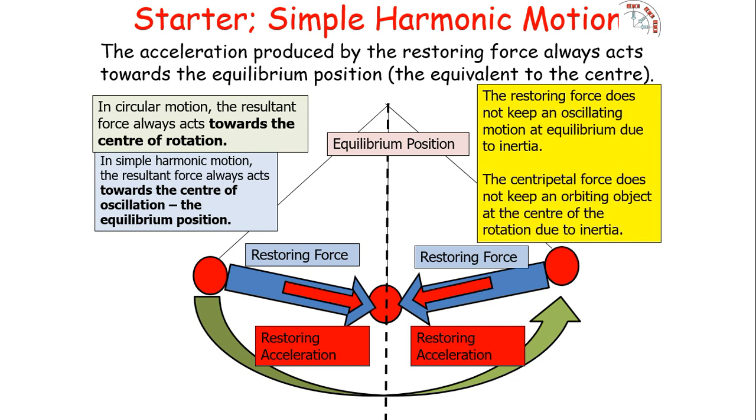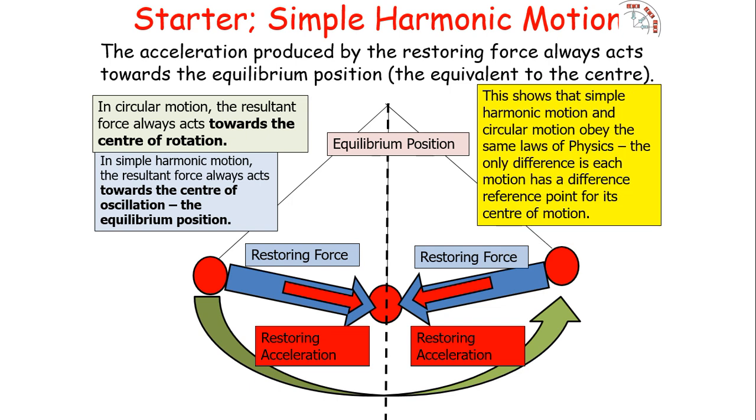The centripetal force wants to put the object at the center of the rotation. The restoring force wants to put the object towards the center of the oscillation, but both forces will never actually get the object to do so because the object is already in motion, so the object will have inertia. The combination of inertia and the force produces the motion which you observe, either simple harmonic motion or circular motion.